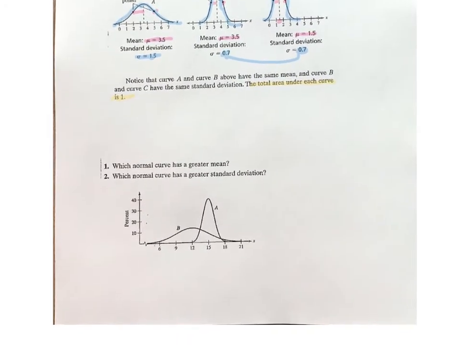All right, question here: which normal curve has a greater mean, and which normal curve has a greater standard deviation? Remember, when you see these normal curves, the first thing you're going to want to do is draw in, let's go to pink here, where that line of symmetry is, where your mean is, so you can compare those.